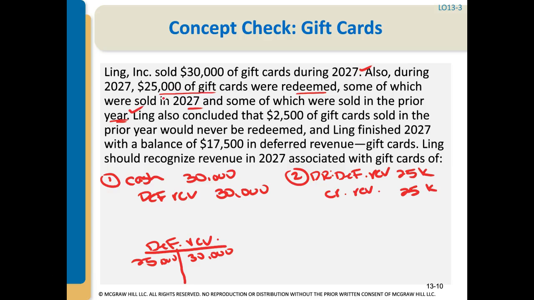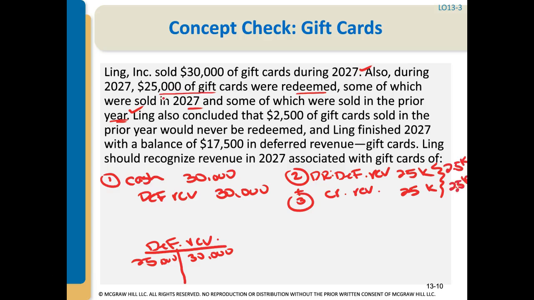Ling also concluded that $2,500 of gift cards sold in the prior year would never be redeemed. So let's just stop right there. If they're never going to be redeemed, that means we can recognize that revenue. Entry number 3 is the same entry as number 2, except that it's for a different amount: 25K here and 2.5K here, right?